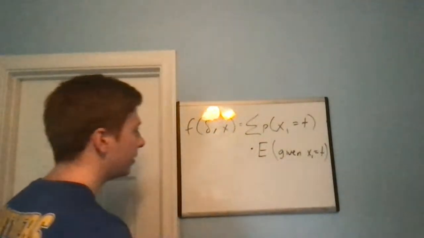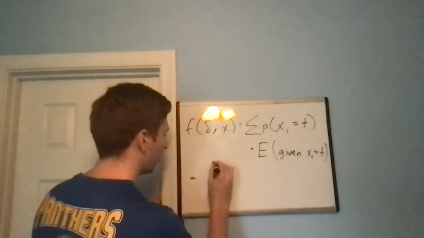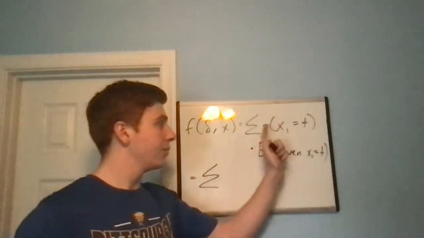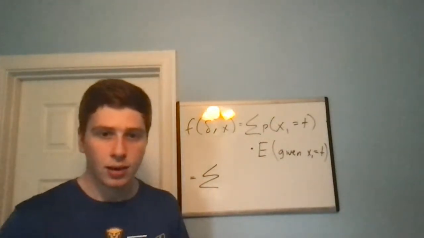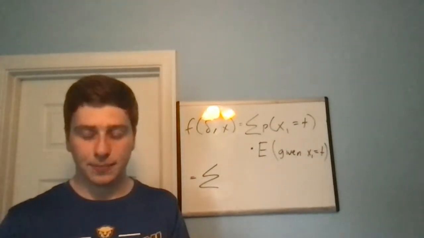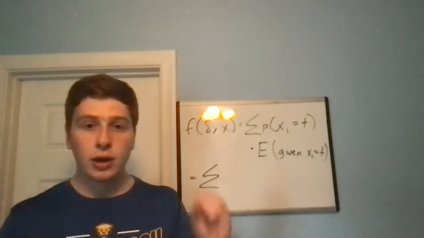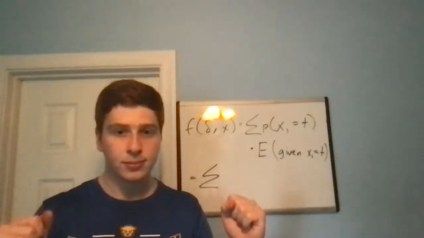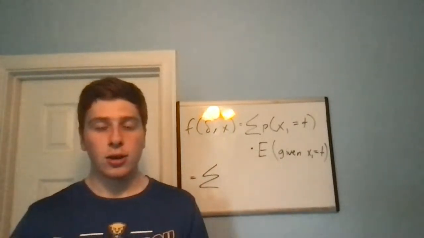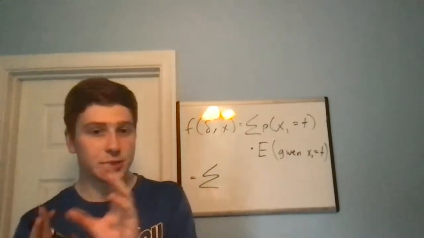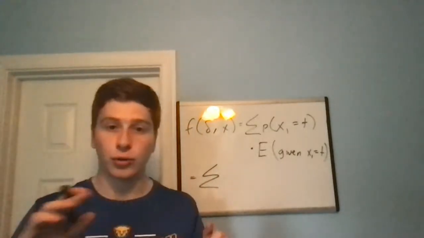So P, the probability that x1 equals t, you may think it's dt. But keep in mind, we're choosing x1 from 0 to x, not 0 to 1. So the probability that x1 is a specific value t is going to be dt over x.